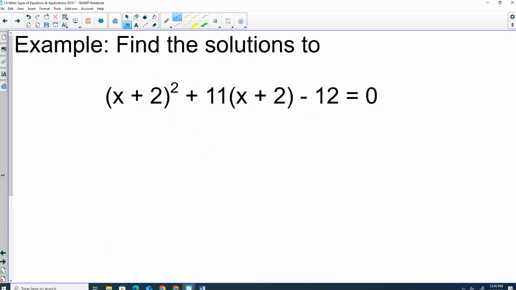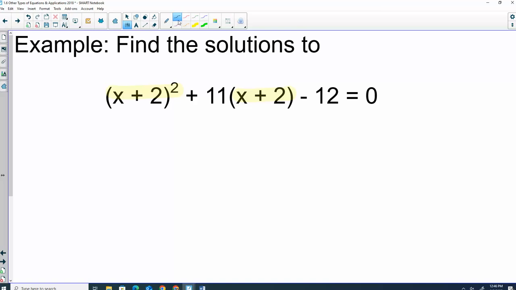So let's say this is our problem. It is like a quadratic because I have an x plus 2 to the second, then I have a plain x plus 2, and then I have a constant. Now, on this particular one, could you multiply this whole thing out?